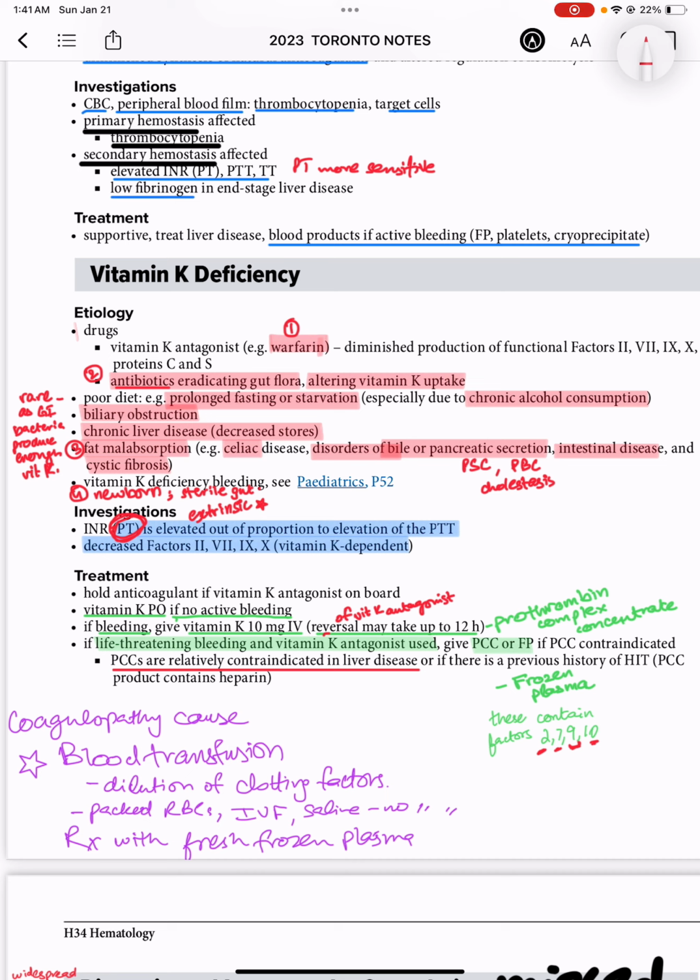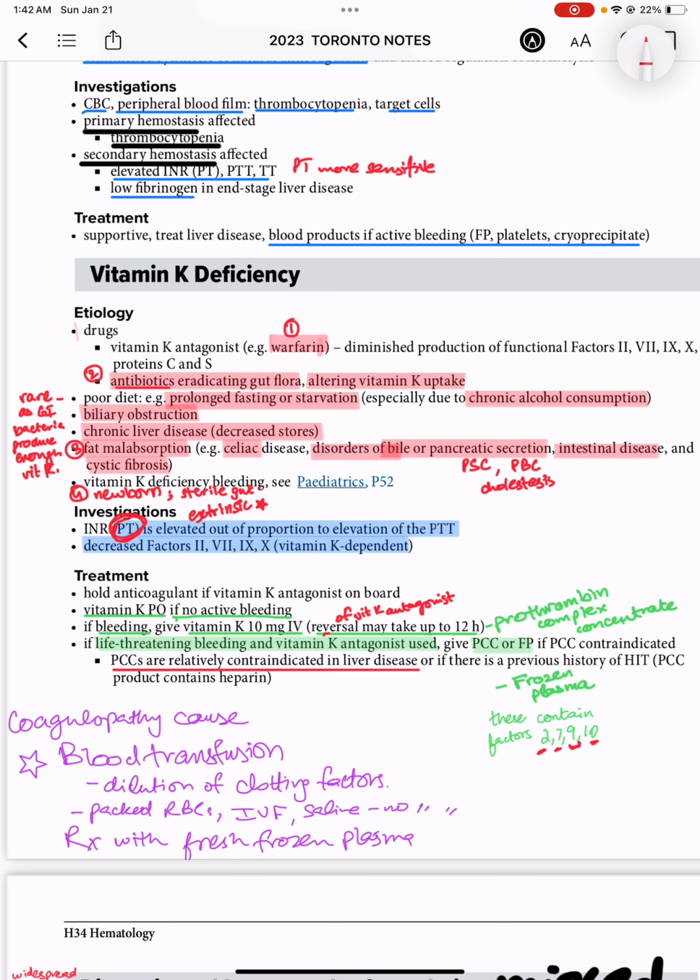There was a scenario where the patient had cystic fibrosis and clinical features of a bleeding disorder. Cystic fibrosis ultimately leads to decreased fat absorption and of the fat-soluble ADEK vitamins, and vitamin K is one of them.